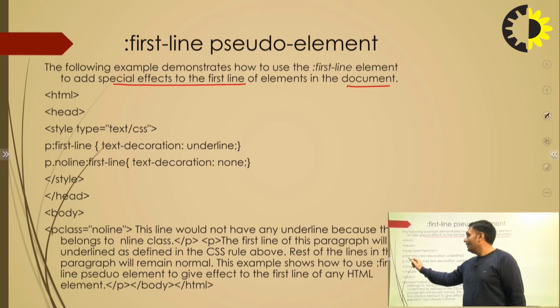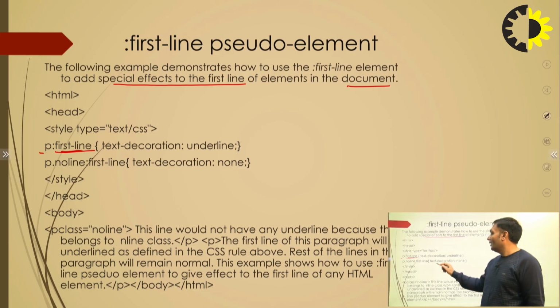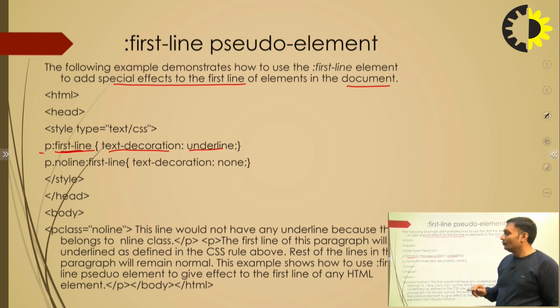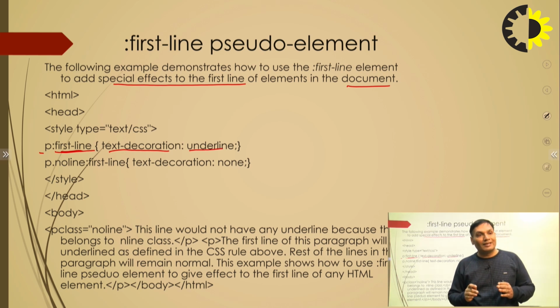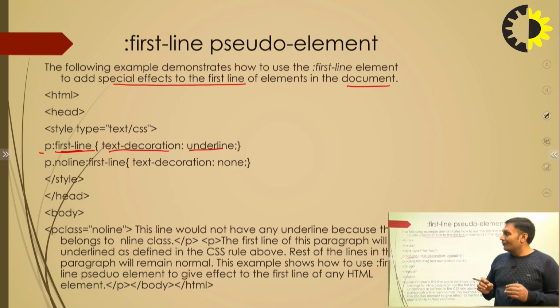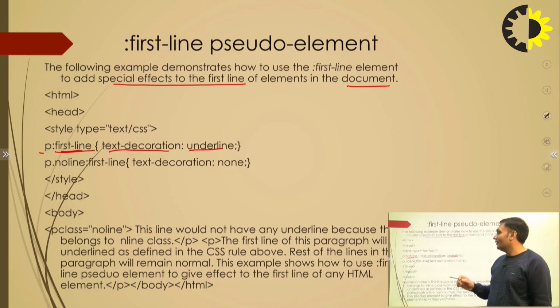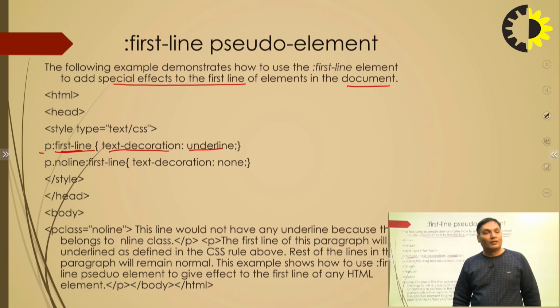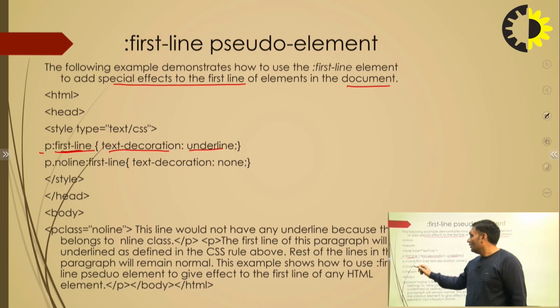So we write p, which is a paragraph, first line is the pseudo element, and text decoration colon underline. We are just applying the style on the first line, not the whole paragraph. So this is the pseudo element.